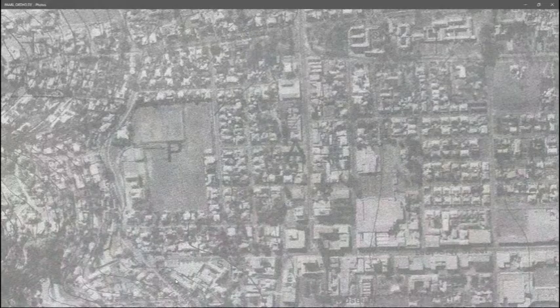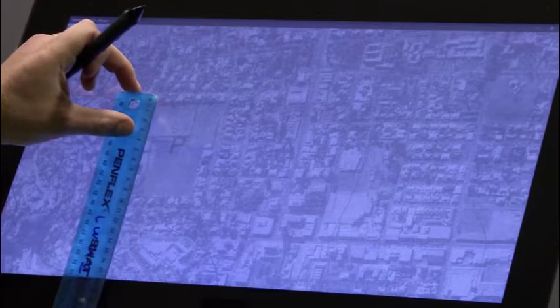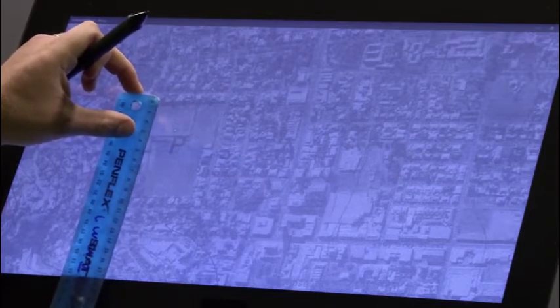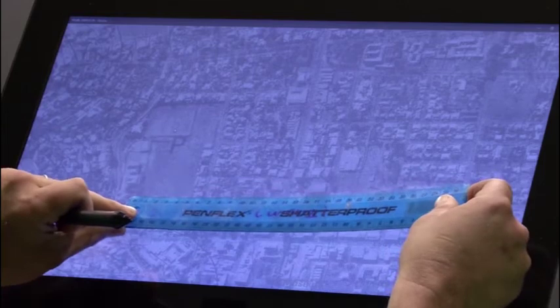That can be a recreation area such as a rugby field or soccer field. The question might state, calculate the area of P in meters or kilometers. Now let's quickly calculate the area of P in meters. So we measure the length, as you can see, it's 9 centimeters. We measure how wide it is, and as you can see, it's 4.5 centimeters.